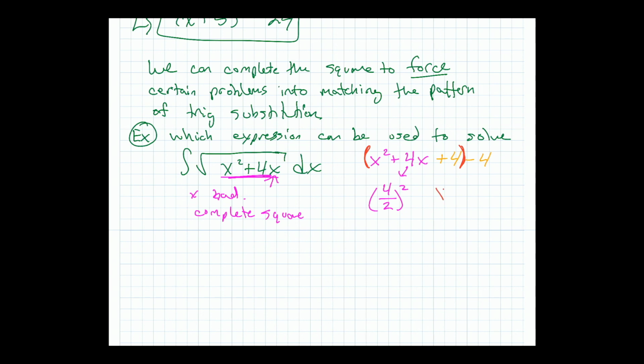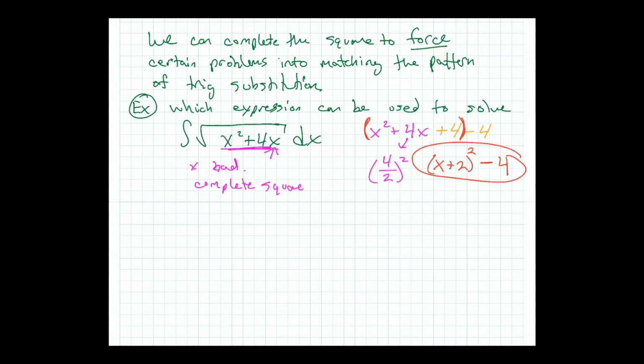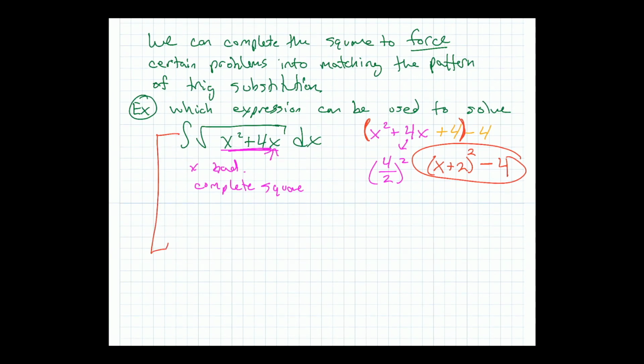It's going to factor into x plus 2 quantity squared, and then you have this extra minus 4. All right, that's the completing the square part. Now your integral is the integral of the square root of x plus 2 quantity squared minus 4.